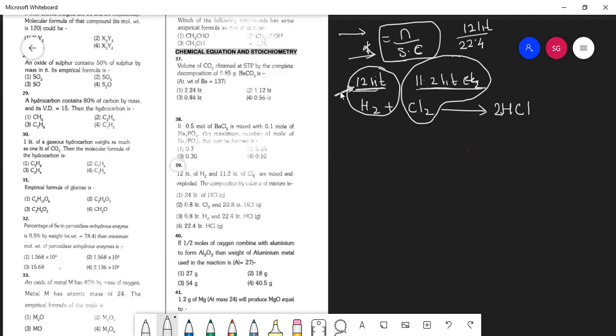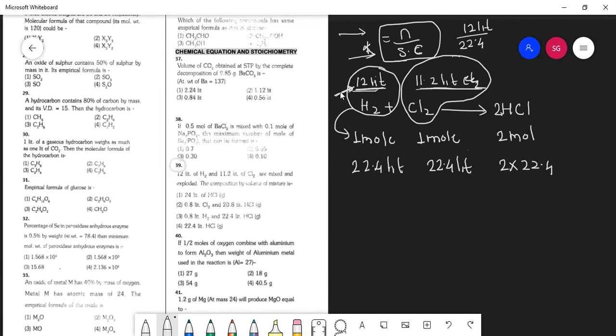Can I write 1 mole of this will react with 1 mole of this, gives 2 moles of this? 1 mole means 22.4 liters, and this is 2 into 22.4 liters, because 22.4 liters means only 1 mole, and 2 into 22.4 means 2 moles.